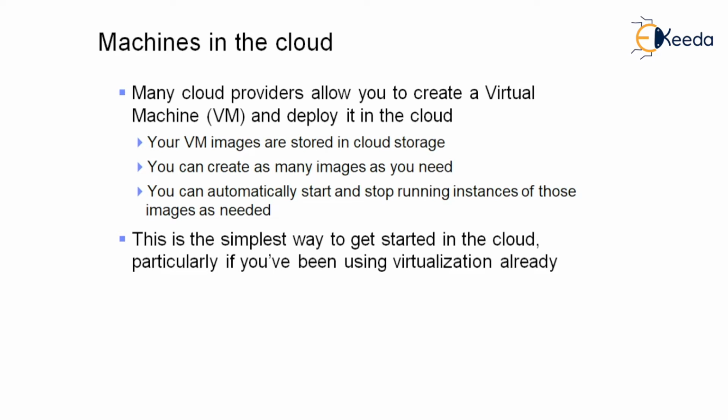Then you can create as many images as you need, and you can automatically start and stop running instances of those images as needed. This is the simplest way to get started in the cloud, particularly if you have been using virtualization already.